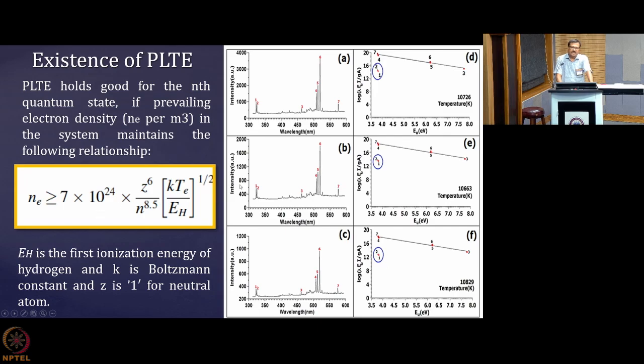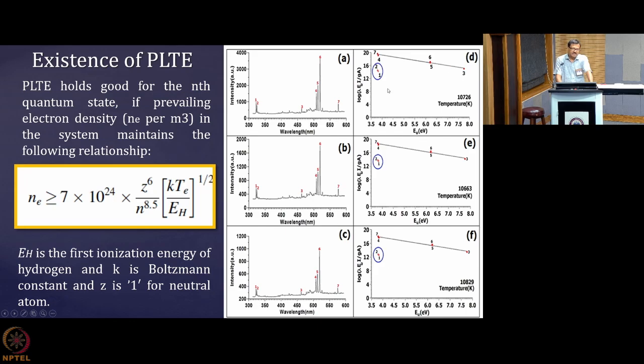But in case of PLTE, what happens, when you go for a Boltzmann plot, then the linearity is observed for certain lines and that is violated by some other lines. Here I have plotted as a function of the upper energy level, and you are seeing that when the upper energy involves lower lying states, like here, this 1 and 2, they are always very off from the line that has been drawn over here.